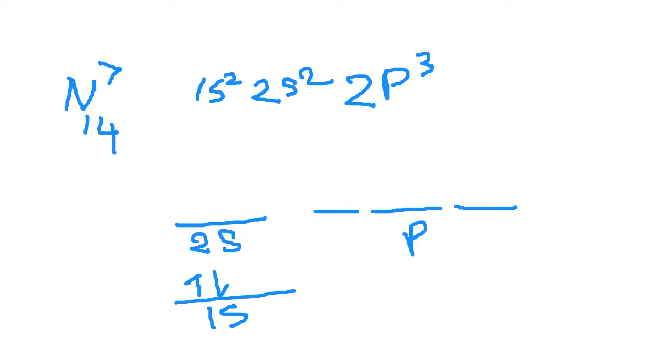Now let's write 2 and 2. We always know the opposite direction, but when we are going to fill the p orbital, first you need to do single and parallel, like that. This is 7.